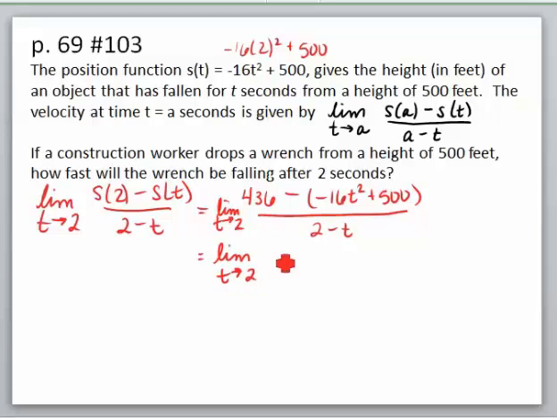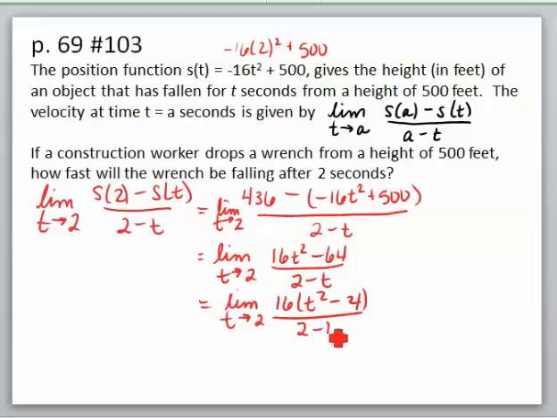When I simplify this, I get a positive 16t squared and a negative 64 over 2 minus t. Then I'm going to factor out my 16, and I'm left with t squared minus 4 all over 2 minus t.